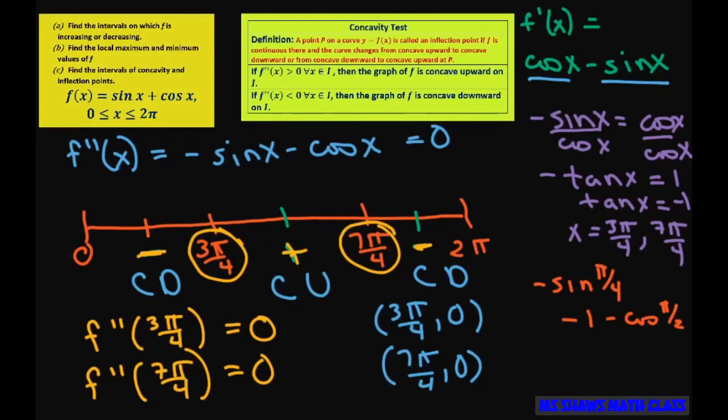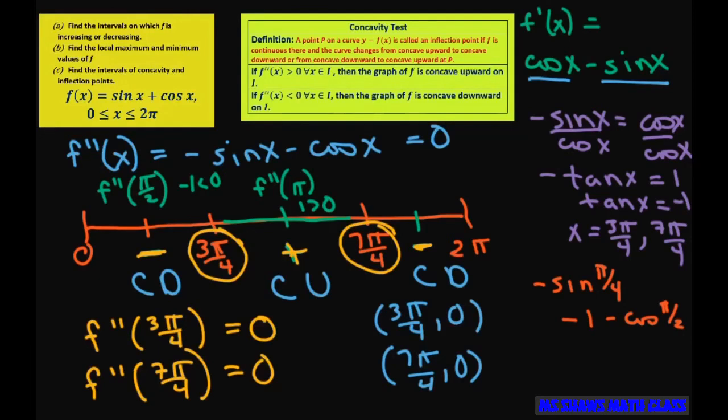So for this one, I plugged in f double prime of pi divided by 2, and I got that negative 1 was less than 0. For this piece, I plugged in f double prime of pi, and here I got 1 is greater than 0.